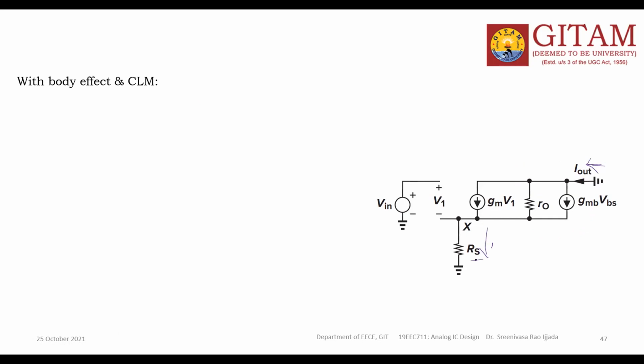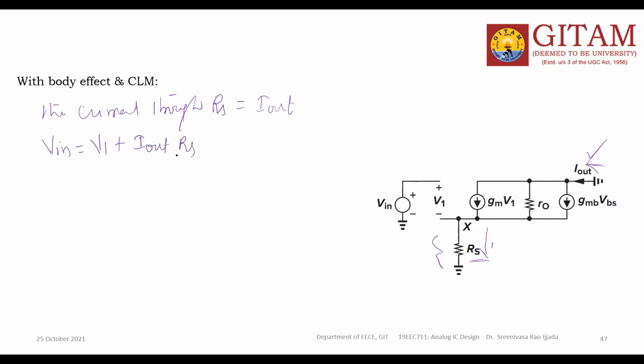So the current through RS is equal to Iout. Now write the KVL expression for the input loop: Vin is equal to V1 plus the drop across this, that is current into resistance, Iout multiplied with RS. This is the node X.